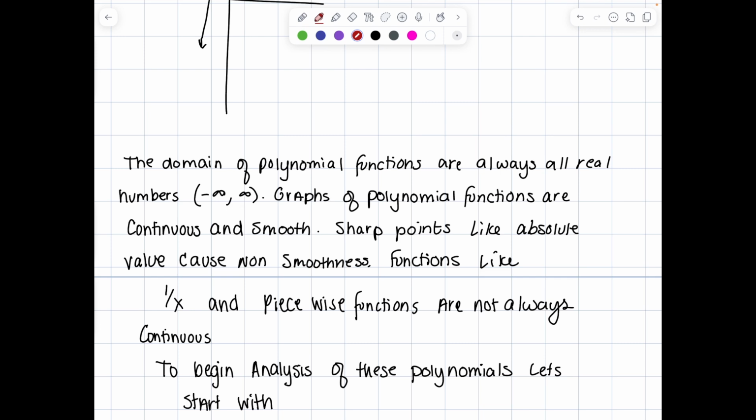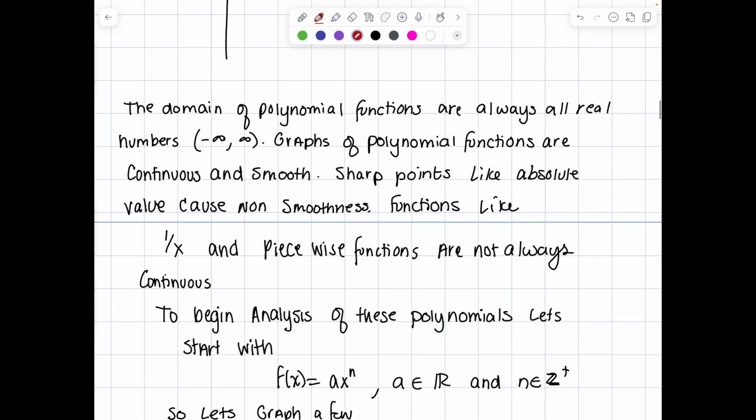The only thing is absolute value at that initial point, and certain piecewise functions depending on how they're joined together. Sometimes they're also sharp and don't have that smoothness, so they have cusps sometimes.